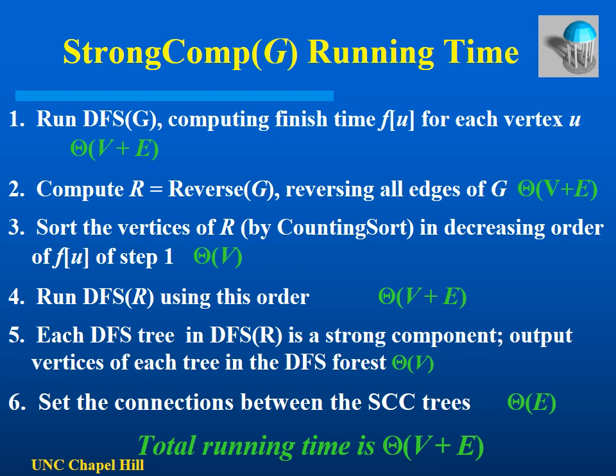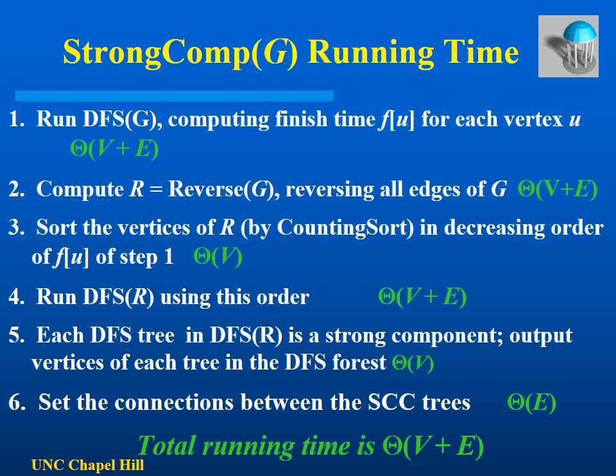That's also going to take theta of V plus E. Each of these DFS trees is a strong component. We output them as groups, meaning passing through the vertices, theta V time.